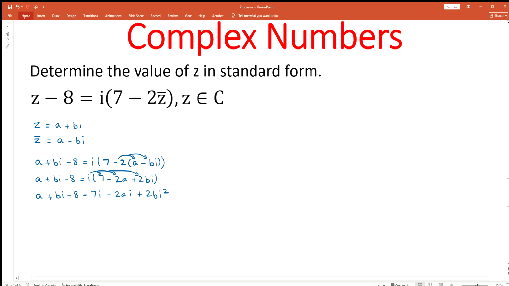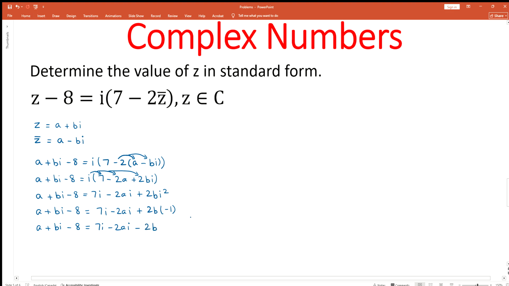As you may know, i squared is equal to negative 1. In the next step, we can replace i squared with negative 1. 2b times negative 1 is equal to negative 2b.